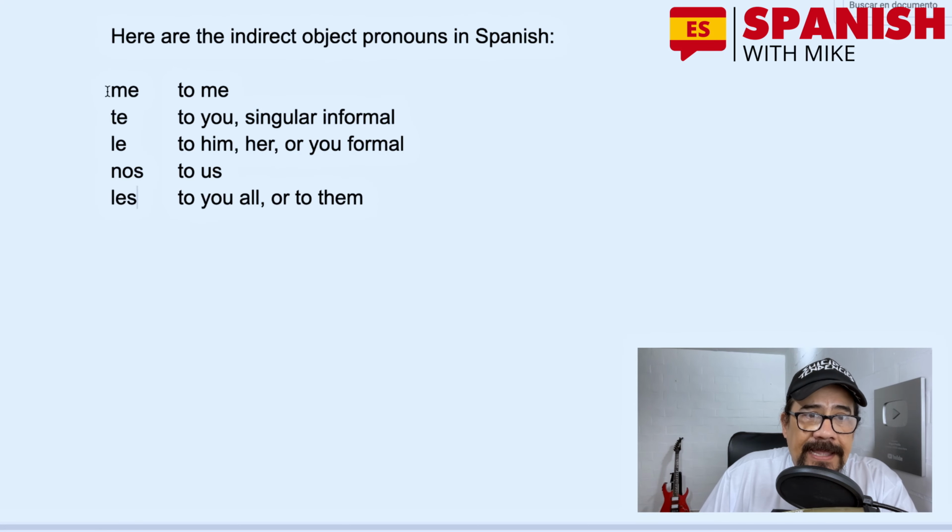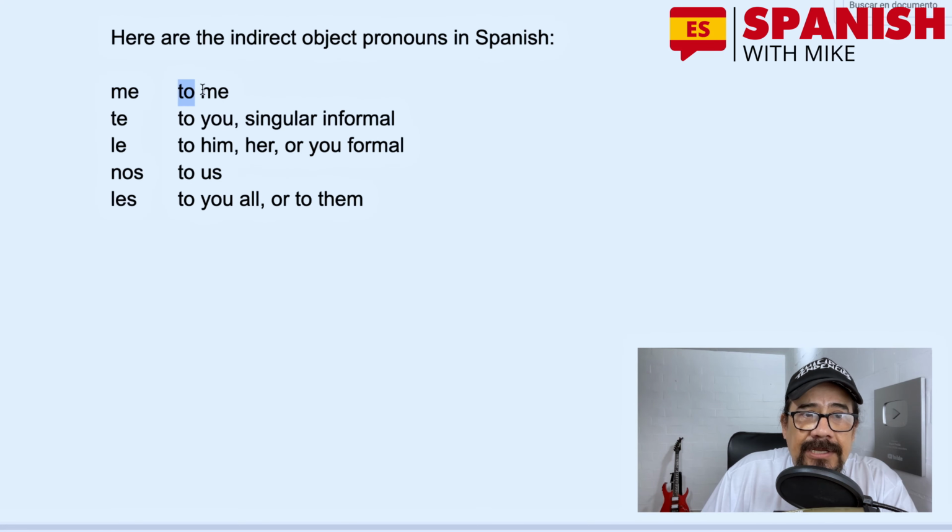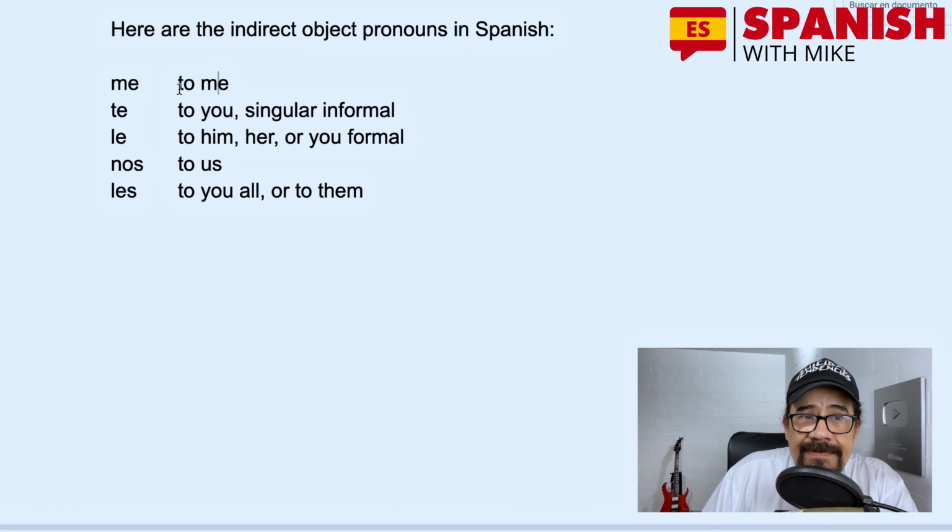Let's take a look at the indirect object pronouns in Spanish, with the corresponding in English. If I'm talking about "to me," I say "me." If I use "to you" as tú, singular informal, close relationship, we use "te." To him, to her, or to you formal, usted, it would be "le." To us, "nos."